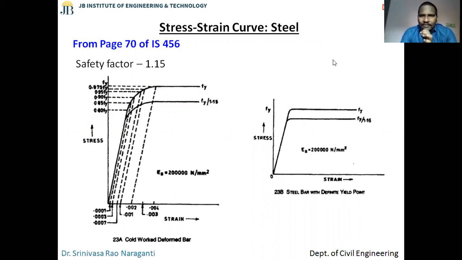One is for mild steel; if you're using mild steel, we use this graph. And if you're using HYSD bars, then we use this graph. HYSD means high yield strength deformed bars. That means if you're using Fe415 or Fe500, then we use this graph for finding out the stress at a particular strain value.